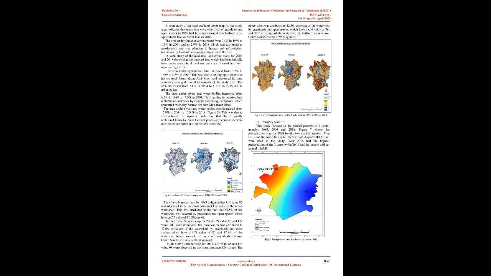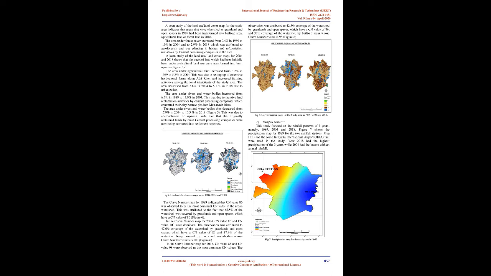The area under rivers and water bodies increased from 6.3% in 1989 to 17.9% in 2004. This was due to massive land reclamation activities by cement processing companies which converted their clay borrow pits into man-made lakes. The area under rivers and water bodies then decreased from 17.9% in 2004 to 10.5% in 2018, Figure 5.